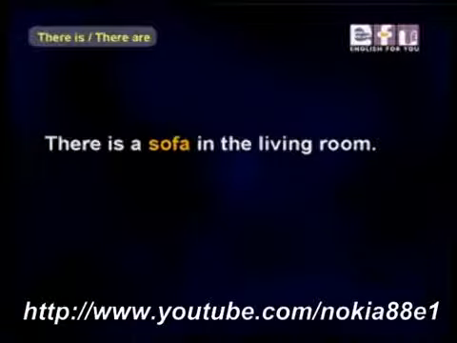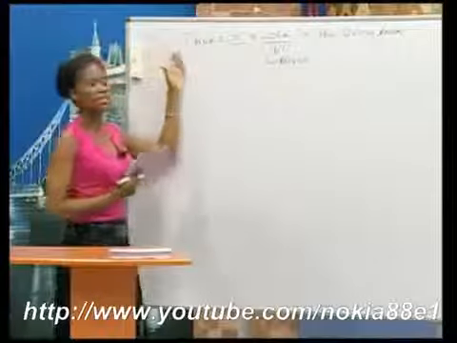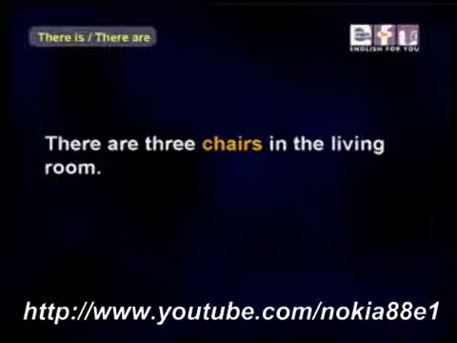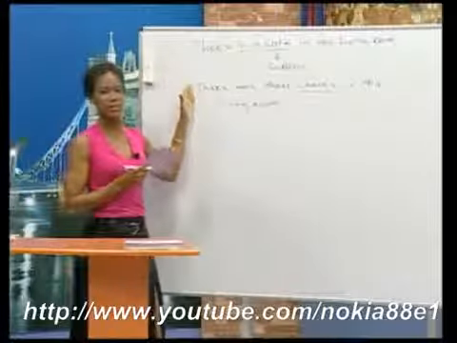There is a sofa in the living room. Now in this sentence, the subject is sofa. It follows the verb to be when there is used. So there is a sofa in the living room. And there are 3 chairs in the living room. The subject is chairs. There are 3 chairs in the living room.